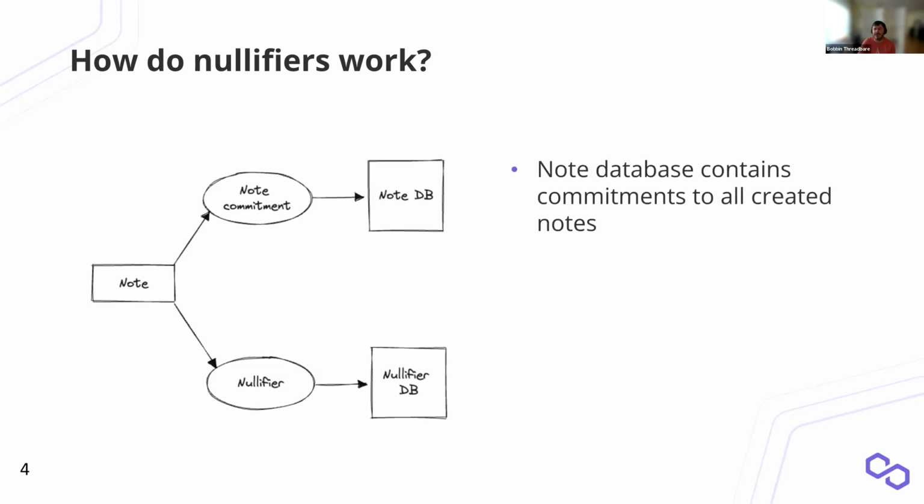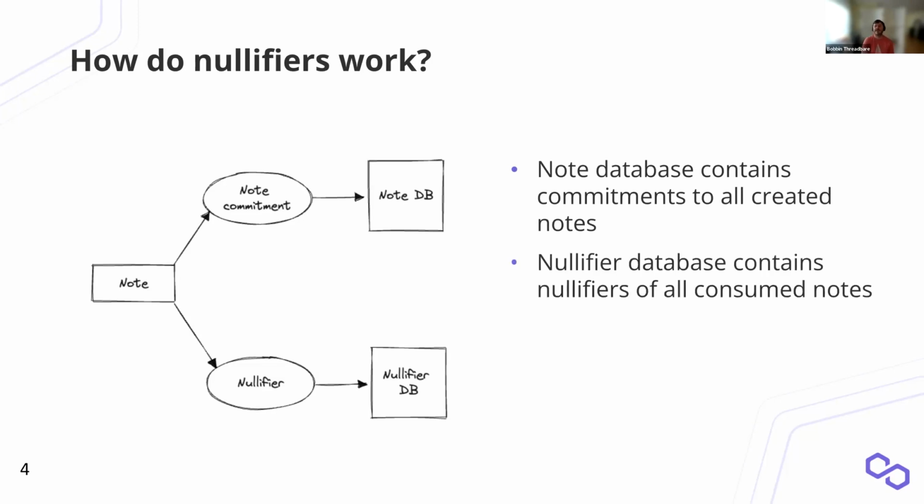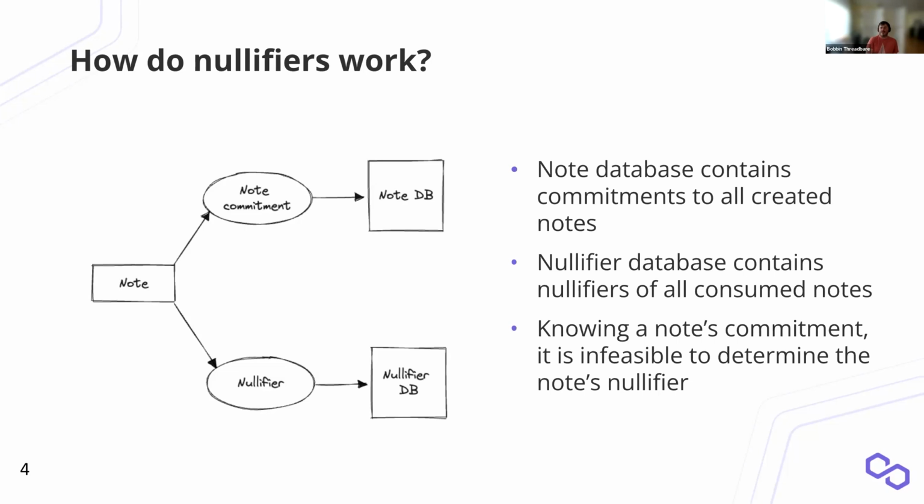The node database contains commitments to all the nodes that have ever been created. The nullifier database contains all the nullifiers of the nodes that have been consumed. The crucial property is that if we know the commitment to a node, we should not be able to determine the node's nullifier. If we know that something has been recorded in the node database, that should give us no information about the nullifier that this node would be reduced to.